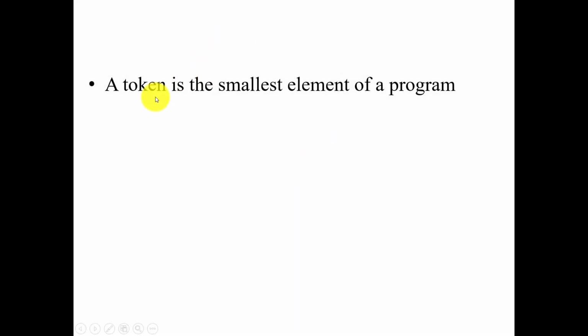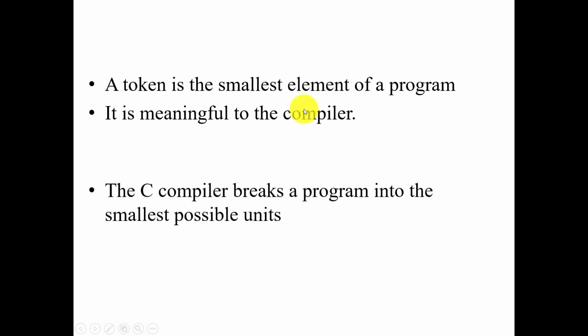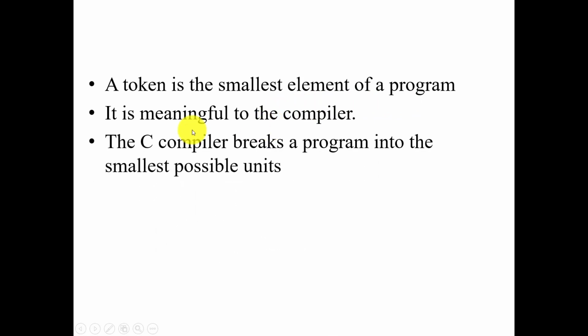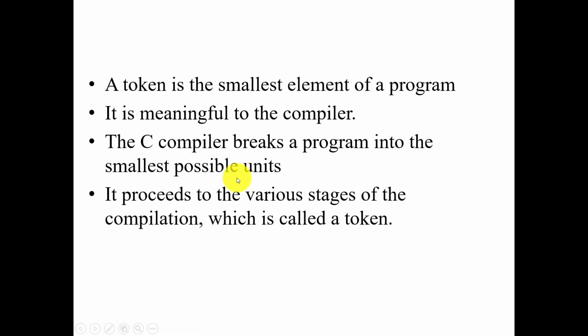Now what is a token? A token is the smallest element of a program. A token is a very small or tiny unit, and it has meaning to the compiler. The C compiler breaks a program into the smallest possible units known as tokens, and then it proceeds to the various stages of compilation.